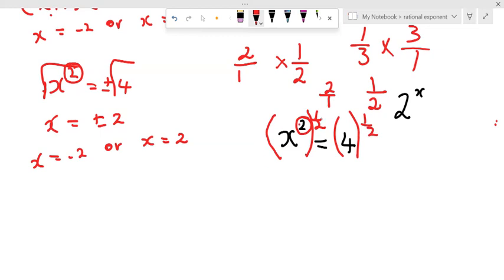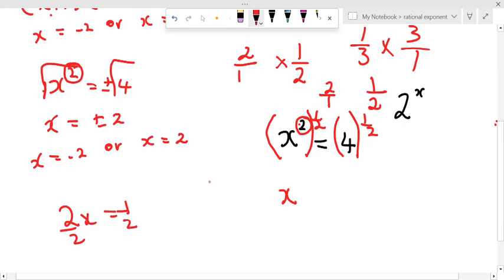Now, if I say this one multiplied by this one is going to give me x. That's the goal. The goal is to have x, just like if you had 2x is equal to 1, you want to have x only here. How do you do that? You divide by 2, you divide by what? By 2. Now, to remove the squared, how are we going to remove the squared?